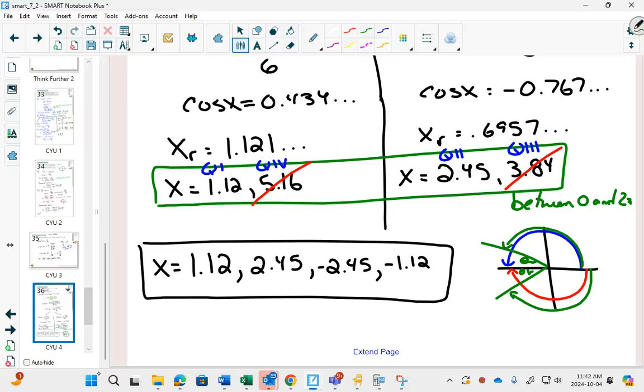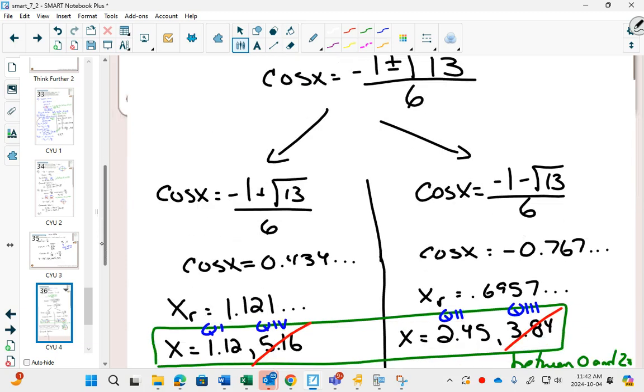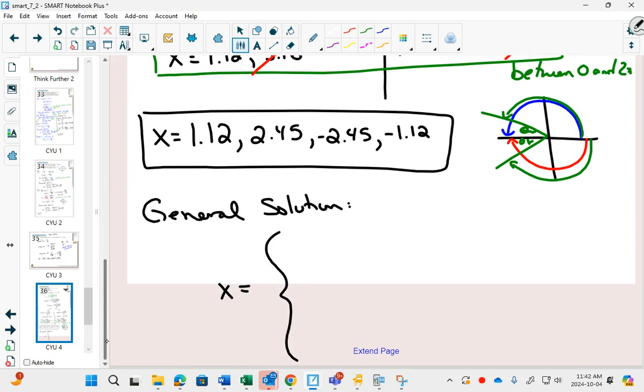Does this one ask us to also do the general solution? Yes. Again, if you look in your textbook answer for the general solution, they would probably use the ones that we have in the box here and add 2k pi to all of those.